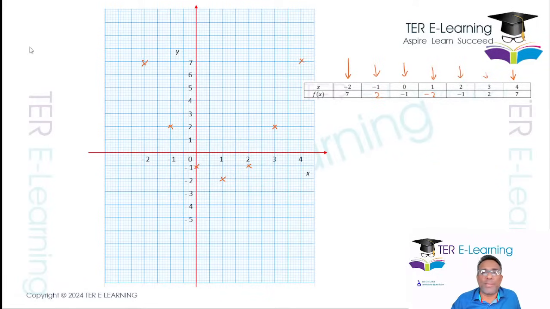So clearly we can see that we have a quadratic. And what you guys have to do in the exam is try to draw a smooth curve passing through these points here. It's kind of hard for me to draw a smooth curve, so I'm going to take a little help in order to do that.